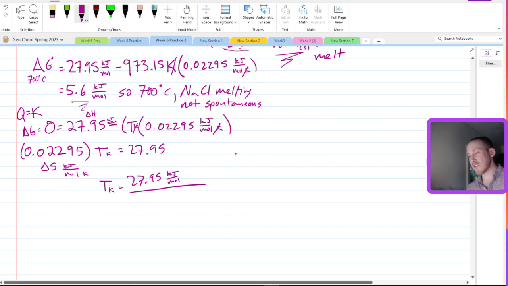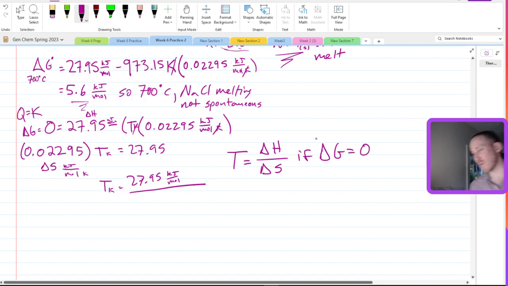By the way, next time I do this, we're just going to say that T equals delta H over delta S if delta G is 0. That's a crucial part. That's only necessarily true if delta G is 0, but if it is, and they're all standard, then the temperature at which delta G is 0 is this. If delta G was something else, you could solve accordingly, but you'd have to do other math first.